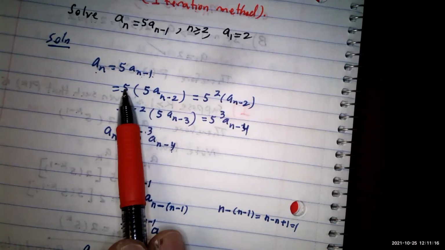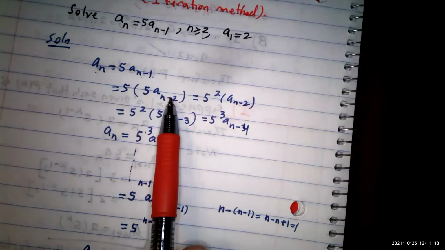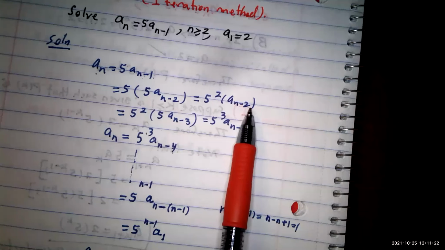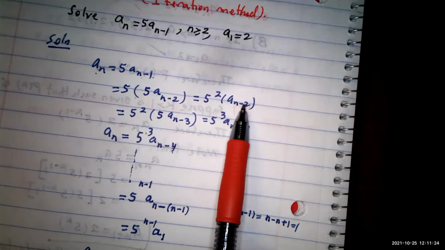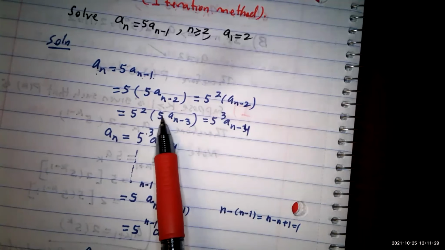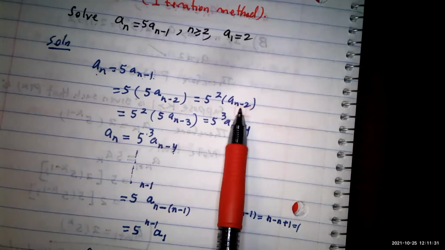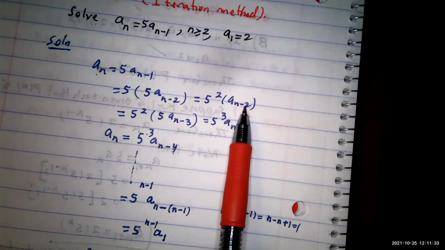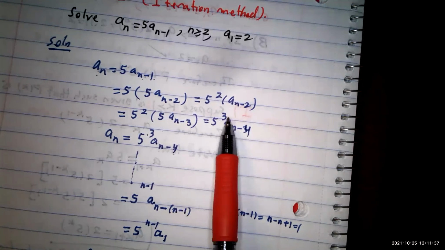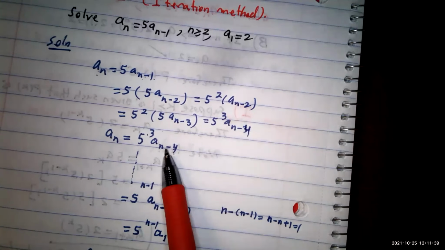So this is 5 a_{n-1}, that takes us to 5 a_{n-2}, so it's going to be 5 squared a_{n-2}. As you can see, 2, 2, you get the same one. Then a_{n-2} is going to be 5 a_{n-3}. When you go down, that gives n minus 3, so that gives 5 to the third, a_{n-3}.